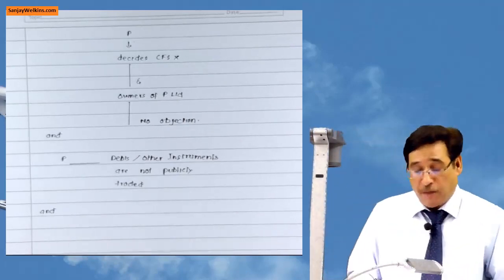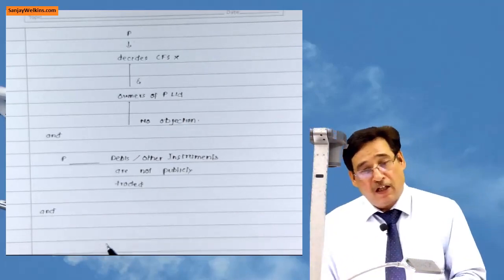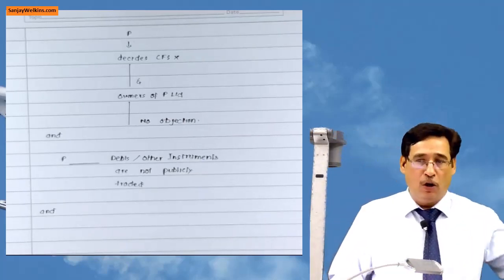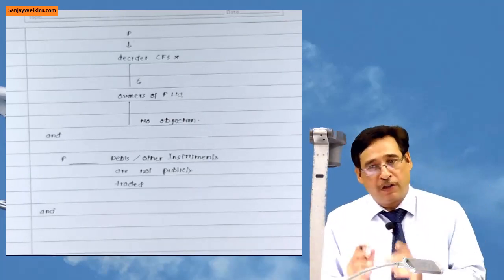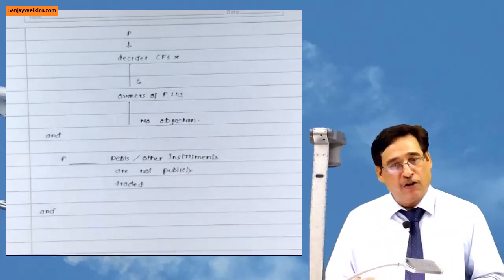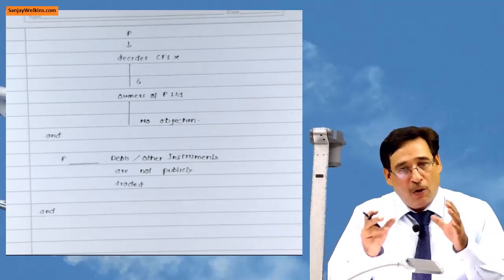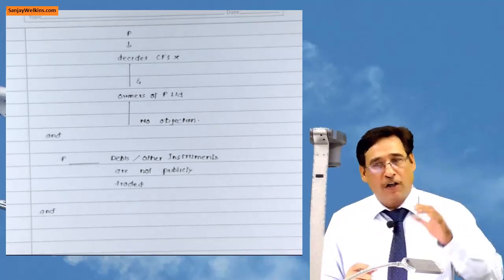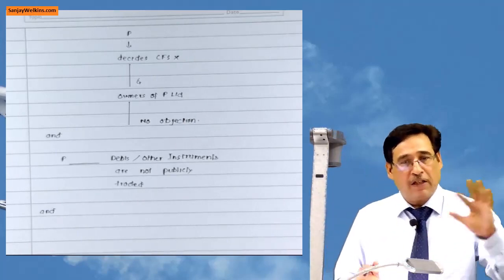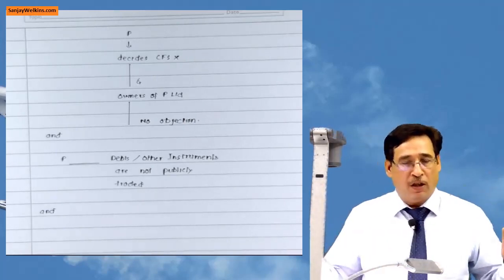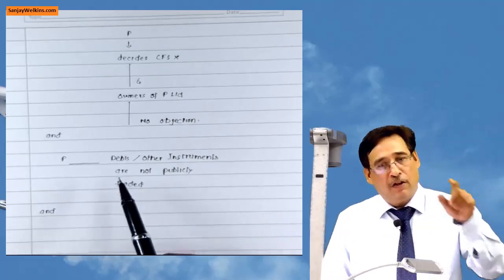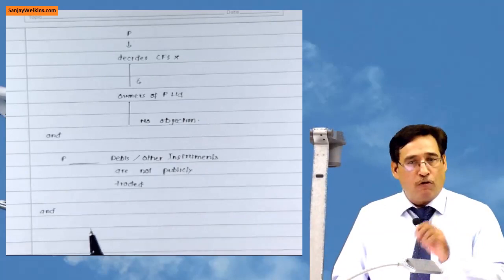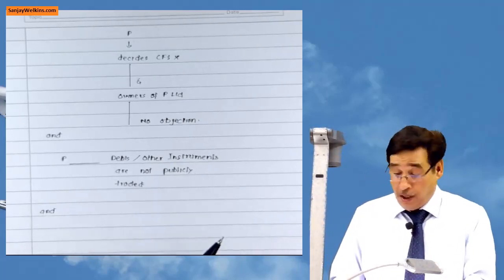We are moving right from the beginning now. The exception says that if you are a parent, but at the same time you are a wholly or partially owned subsidiary, and you decide not to prepare the consolidated financial statement, and the owners of your company, the shareholders, whether they have voting rights or not, have no objection to it. And further, neither your debt securities nor your other instruments, including equity instruments, are publicly traded.